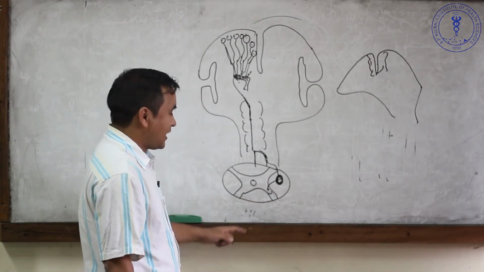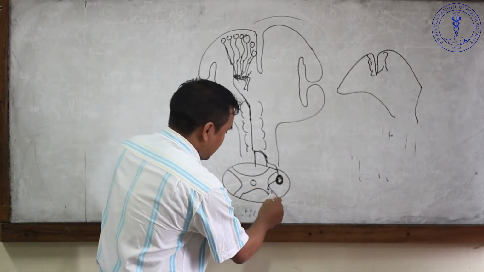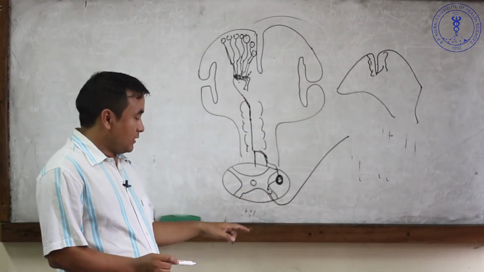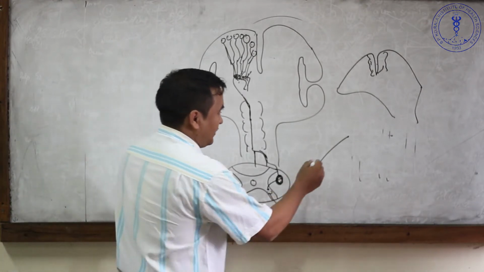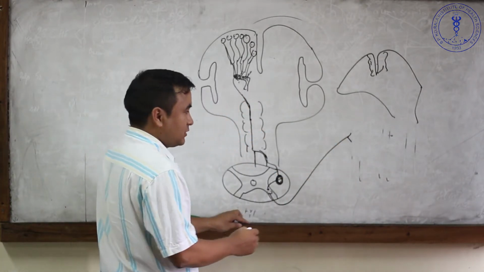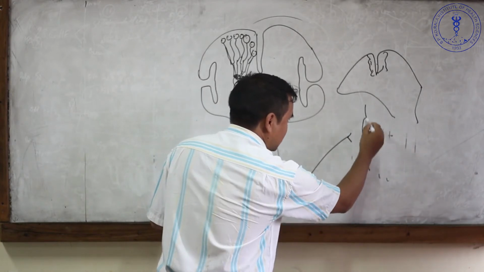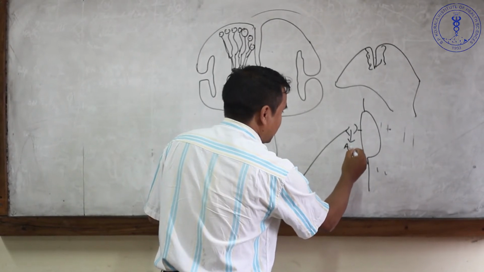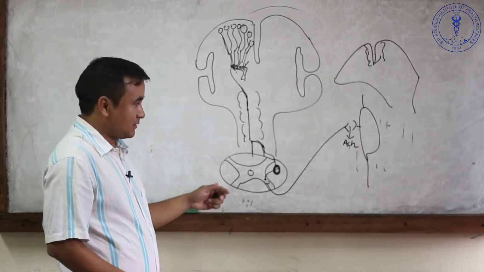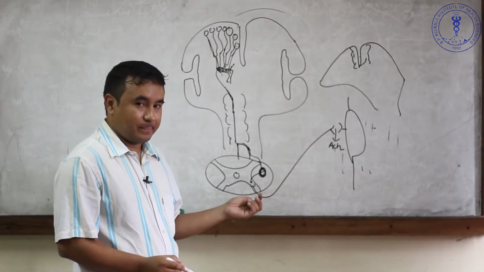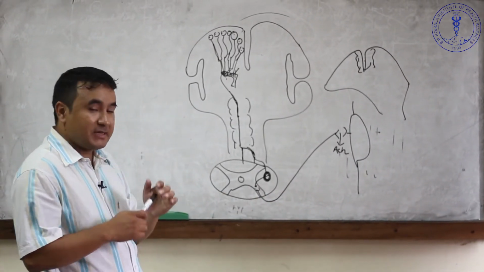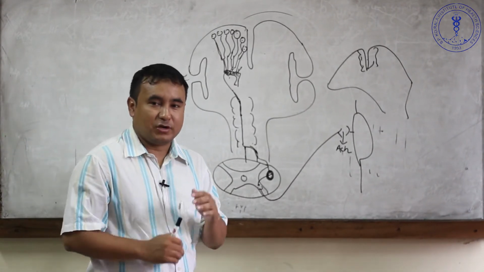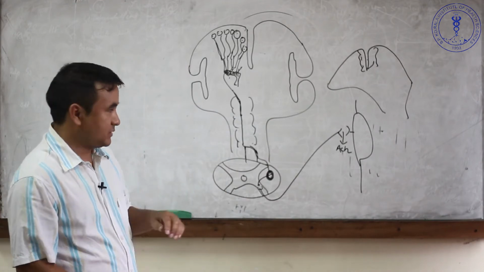From there, another neuron will come out like this way, and this neuron will form the neuromuscular junction. At the level of the muscles, here is the neuromuscular junction, it will release acetylcholine, and that contracts the muscle. So this is the basic neuroanatomy to understand the patient with neurological motor weakness.